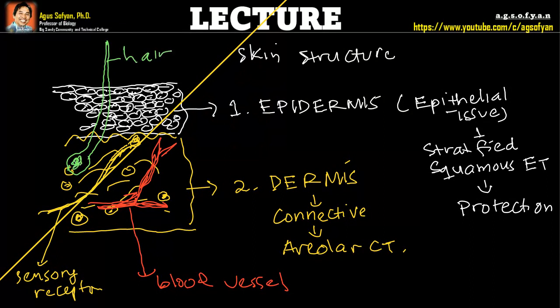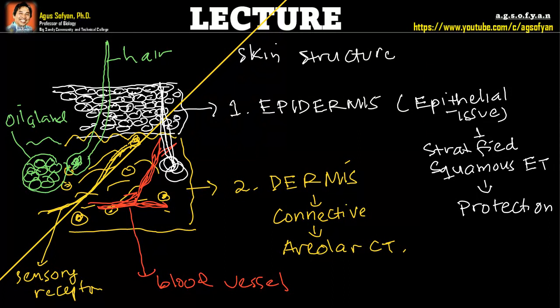Okay, and because it has hair, then you will also find the oil glands associated with this hair. Okay, and there will be also sweat glands located in the dermis.